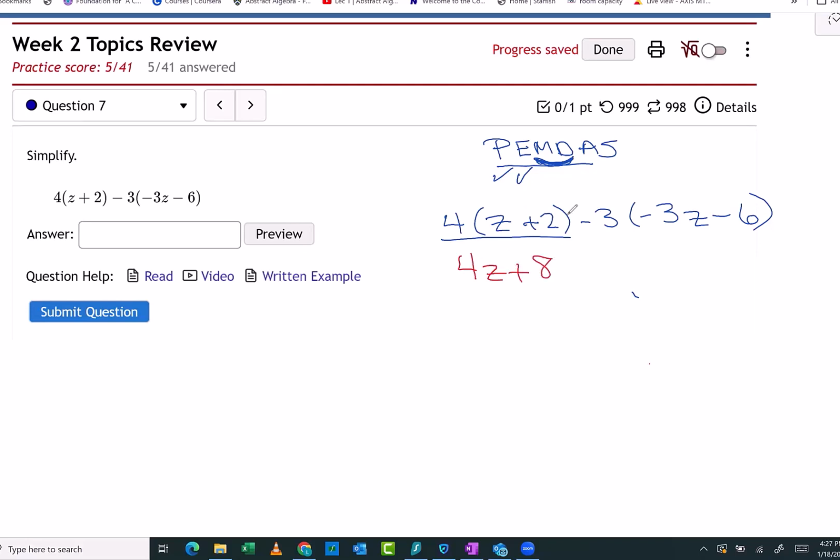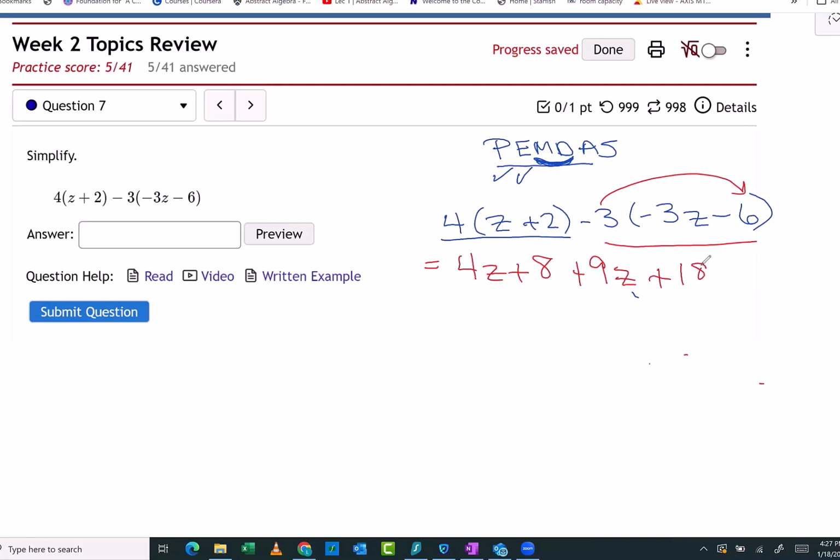That part of the expression, it's not an equation, it doesn't equal anything, but that part of the expression is complete. Now, this is also the distributive property. I'm going to say negative 3 times negative 3z. Negative 3 times negative 3 is positive 9z. And then I have negative 3 times negative 6, and I get positive 18.